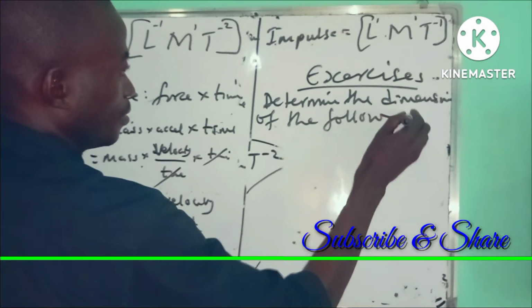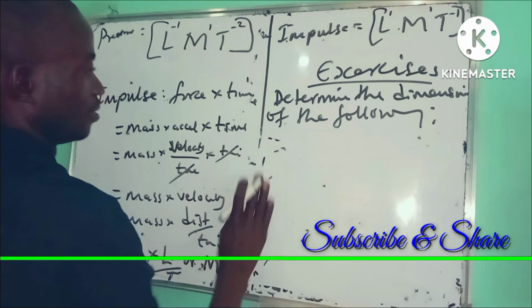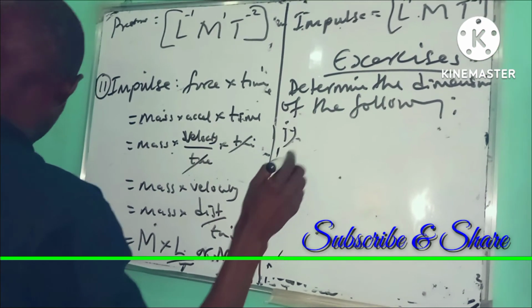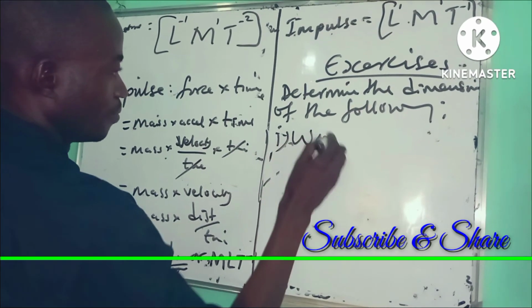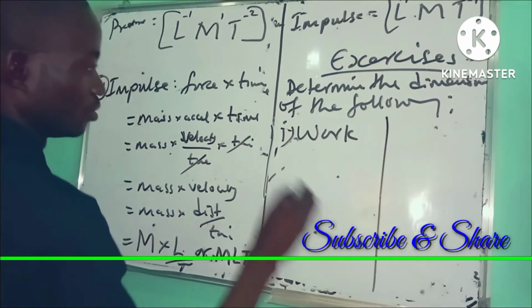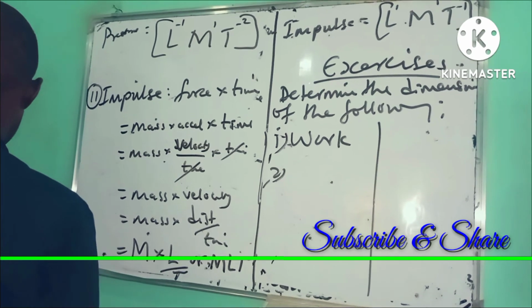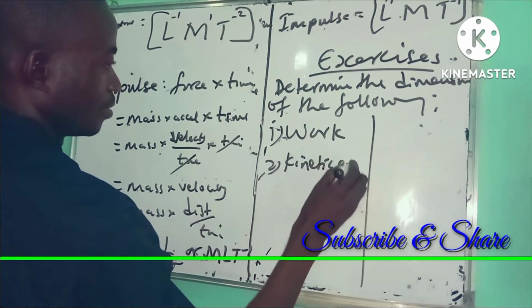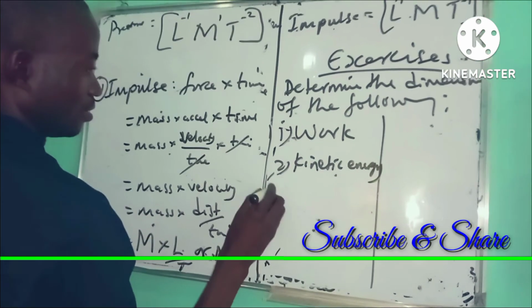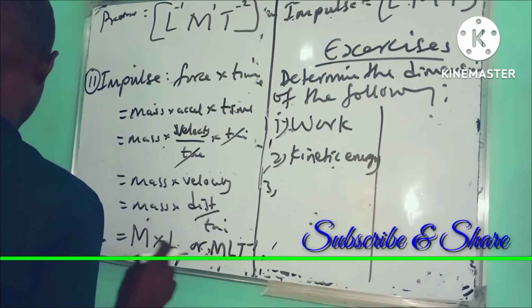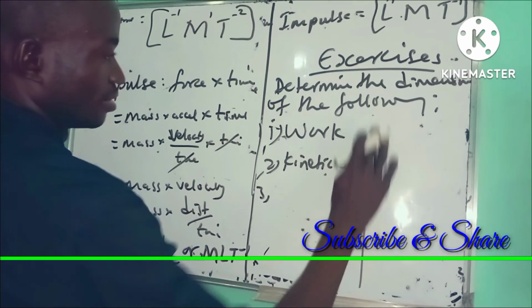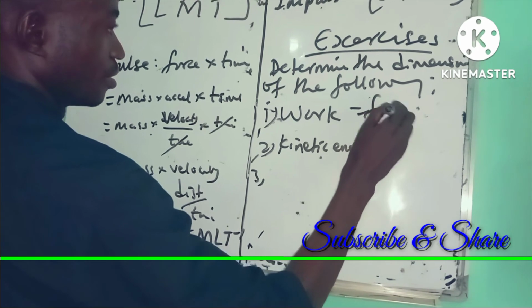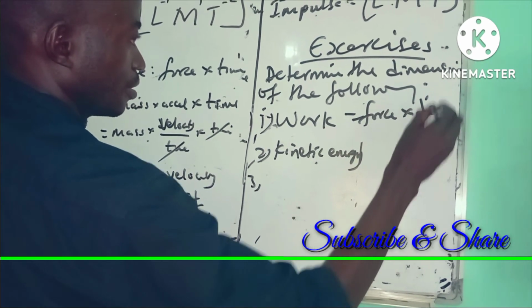So now, determine the dimension of the following. 1, determine the dimension for work. 2, you determine the dimension for kinetic energy. 3, potential energy. Let me give you the formula for the sake of this. Work is force times displacement.